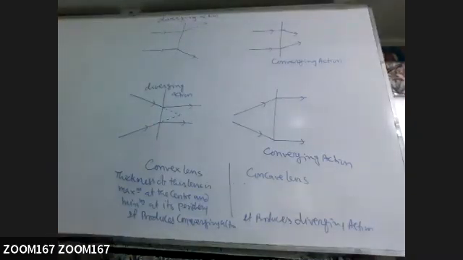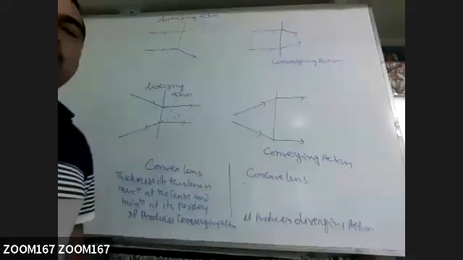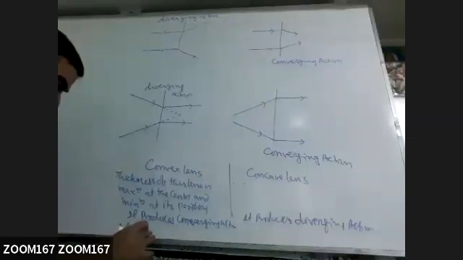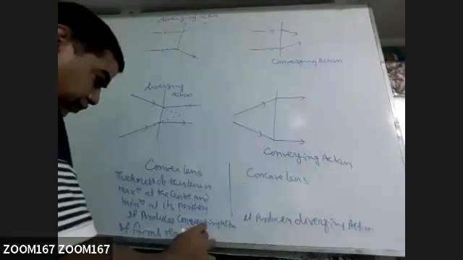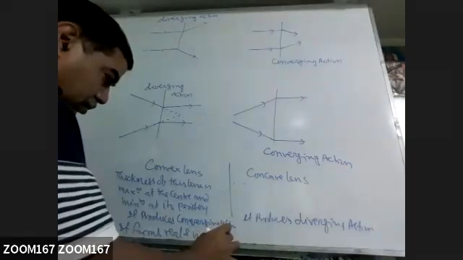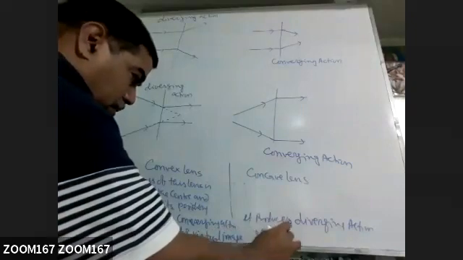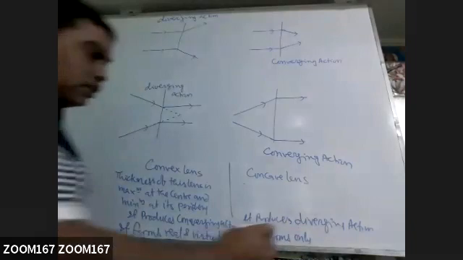The third one will also come up when we discuss the formation of image, or we have done it in class 8 also. A convex lens forms real as well as virtual images, whereas a concave lens always forms only virtual images.